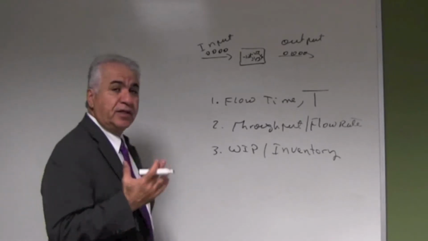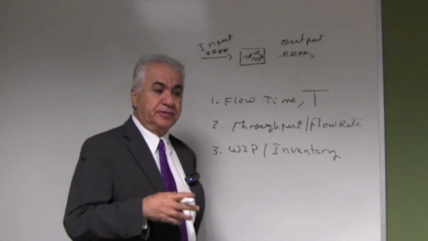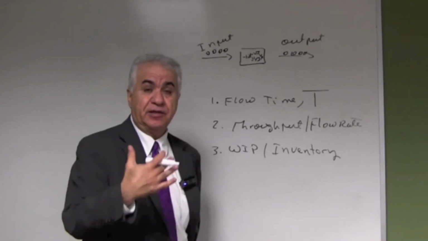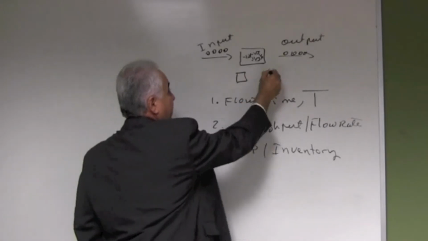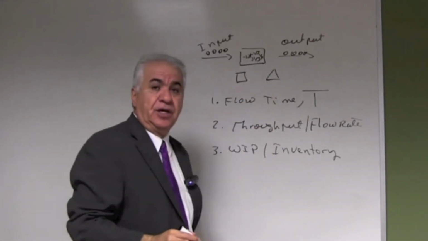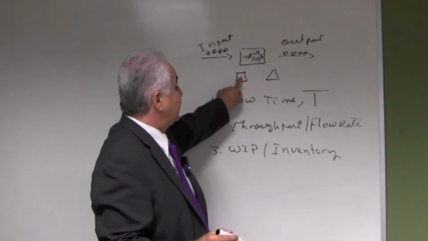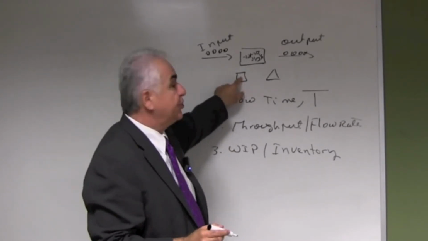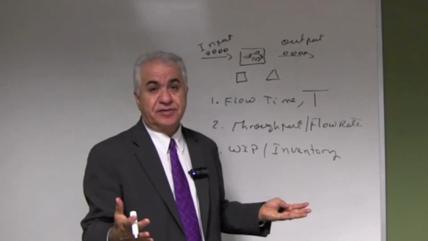So if we're thinking about things that take place in the process, we know we have activities and we have buffers. A flow unit may spend time in an activity stage, and it may spend time in buffers, waiting to be processed.